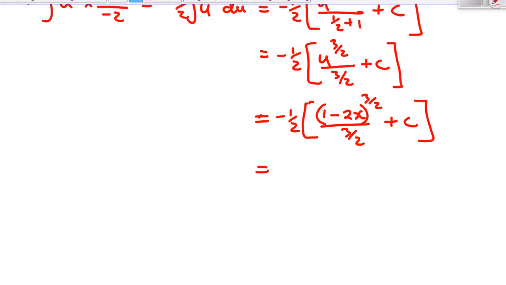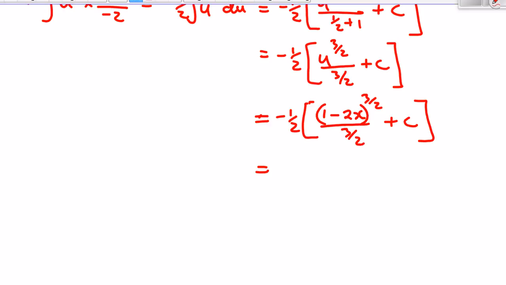That's actually our answer, but we can simplify it. Now, you don't have to multiply negative a half by c because we don't know what c is. C is just a constant. So even if you multiply it by negative a half, it doesn't really change anything. There's no need of multiplying by it.